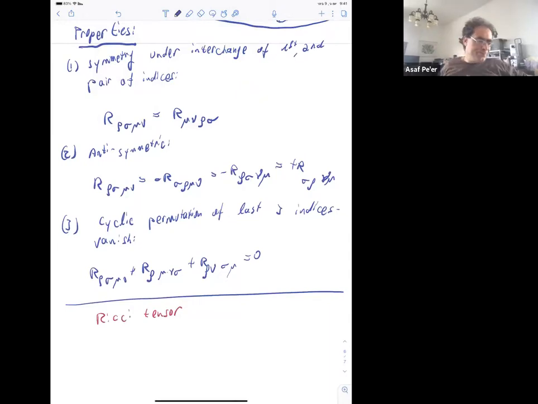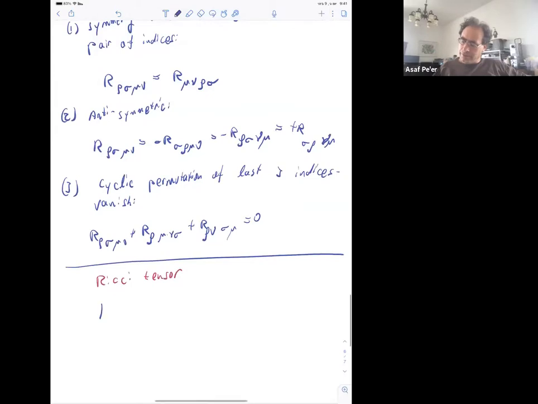It's introduced by contracting the first and third indices of the Riemann tensor. So R mu nu is R lambda mu lambda nu. In fact, this is the only independent contraction, except for signs and things of that kind, which we can get from the curvature tensor.